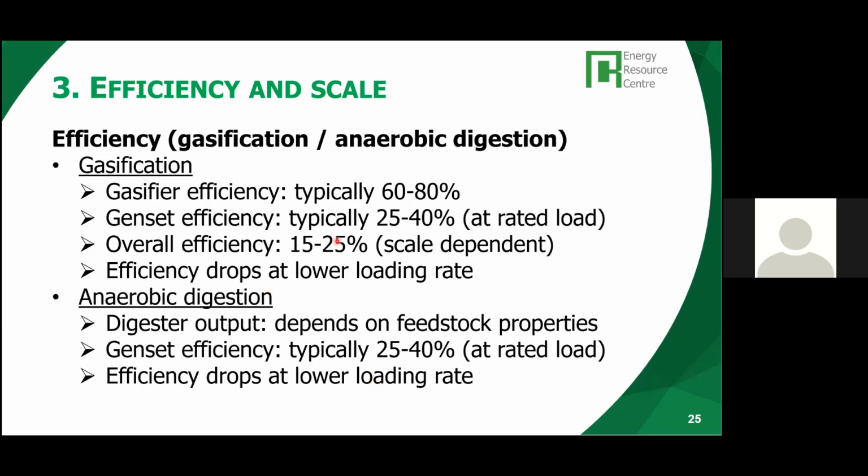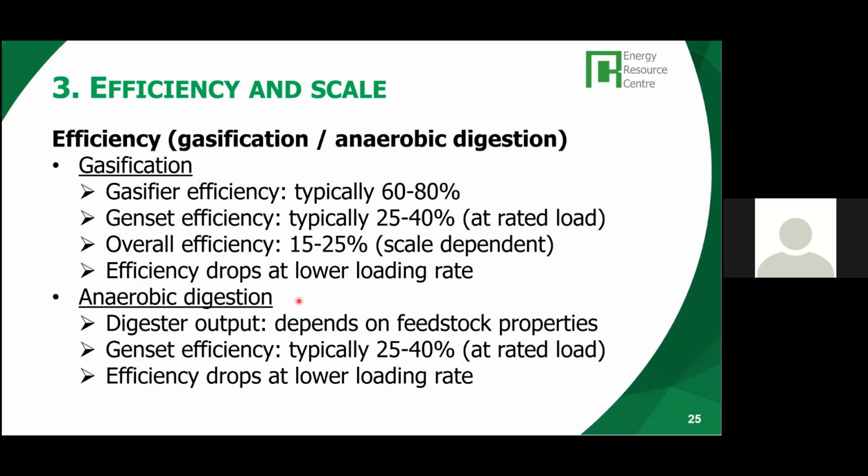Typical generator efficiencies, as indicated, are roughly between 25 and 40%. Overall efficiency, which you would normally find, is between 15 and 25%, although some systems could be higher or lower still. And because of the high dependency of the actual efficiency of combustion engines on loading rates, the overall efficiency drops at reduced system loading rates.